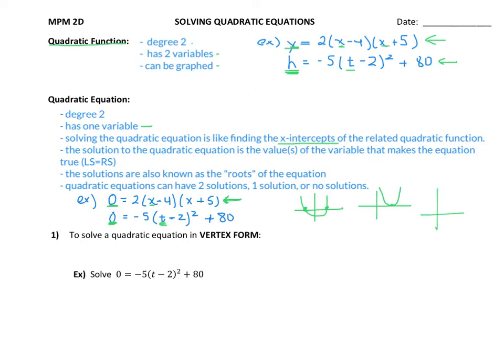Or you could have a parabola that never dips low enough, or if it opens the other way, never goes high enough to have any x-intercepts, which means the related quadratic equation would have no solutions. So quadratic equations can have one solution, 2 solutions, or no solutions, and that's why I'm using value or values of the variable that would make the equation true.